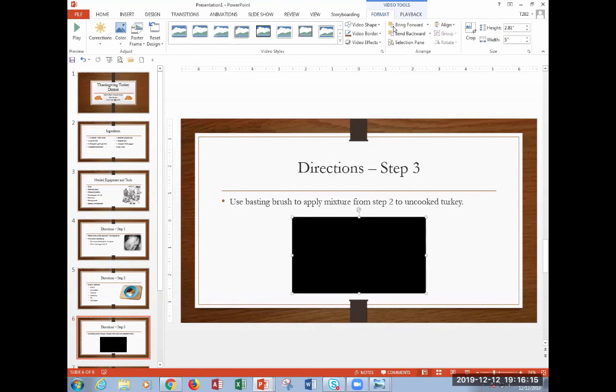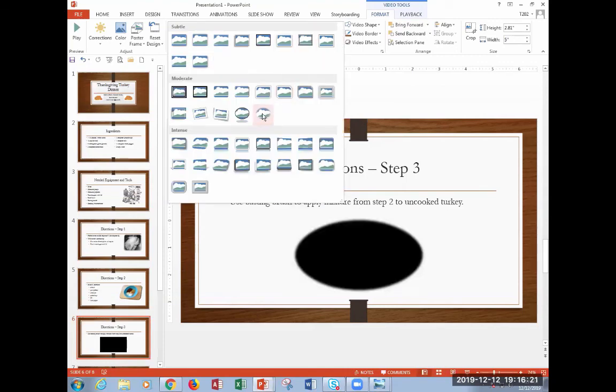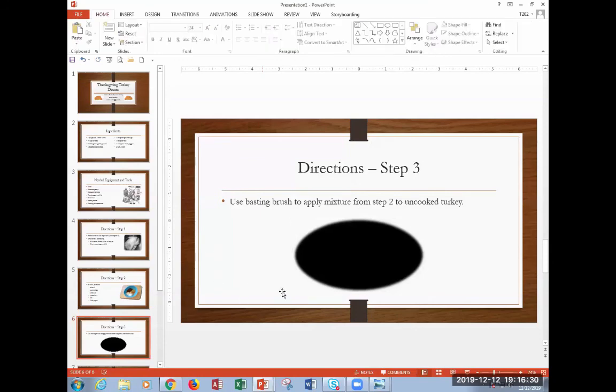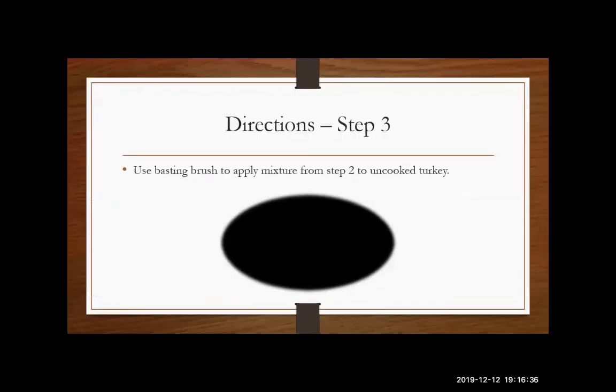The third problem is that if I want to manipulate how it looks, say I want to put in the soft edge oval, and it looks like it's working fine. And then I go into presentation mode, and it looks like it's working fine.